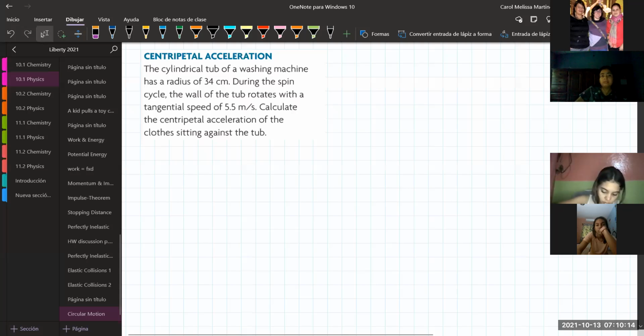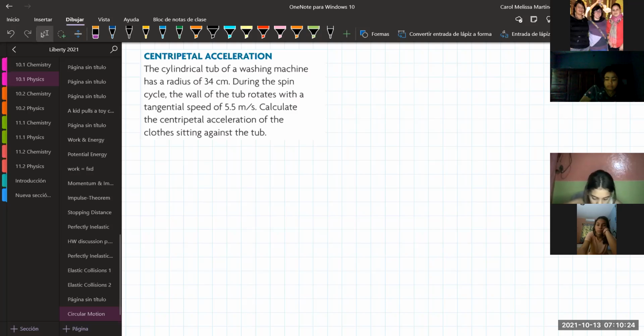Okay, in this exercise it says the cylindrical tube of a washing machine has a radius of 34 centimeters. During the spin cycle, the wall of the tube rotates with a tangential speed of 5.5 meters per second. Calculate the centripetal acceleration of the cloth sitting against the tube.